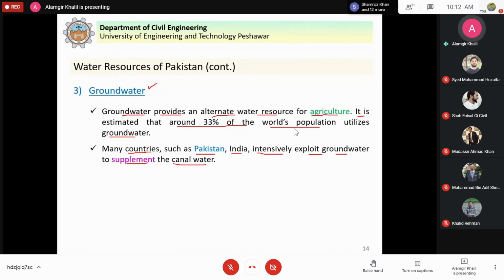As we saw earlier, rainfall is not sufficient. For the surface water that is available, there can be variations. For example, in Pakistan, the water available in the Indus and its tributaries comes from the melting of glaciers.